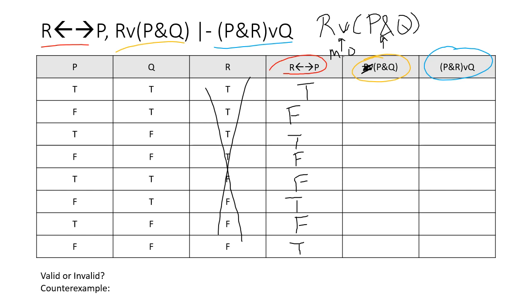So an ampersand is true wherever they are both true, which is there. Here in rows 1 and 5, the rest of them, one of them, oops, I screwed up there for a second. Remember that this is only one part of it, so I should drop down some dotted lines so I remember that this is just the right side of the sentence. The rest of these are falses.